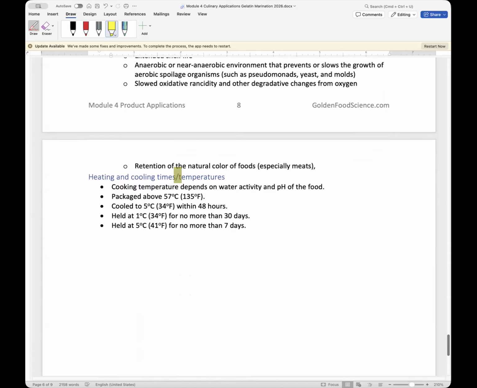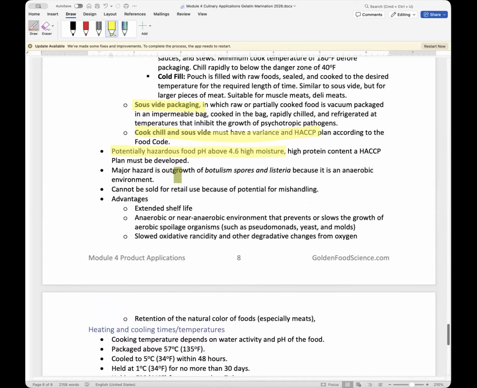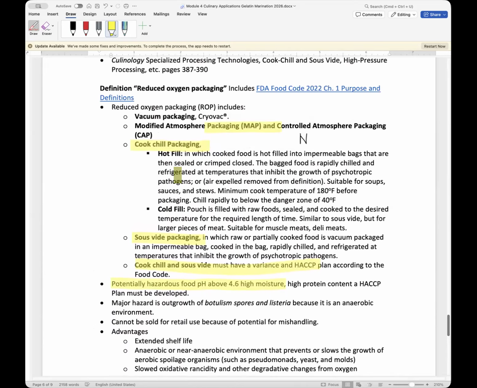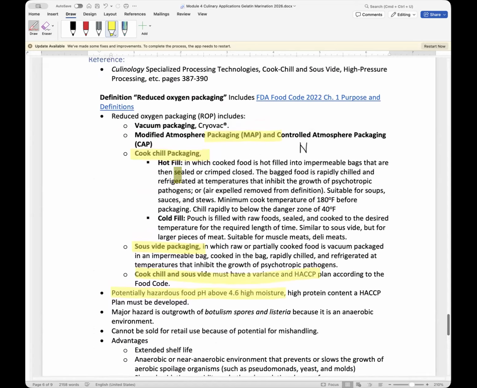You know these. Anything you want me to cover about this stuff? I just think that the terminology is difficult. I think you know what all these things are. They're all classified according to the food code as reduced oxygen packaging, which includes modified atmosphere packaging and all the rest of these.